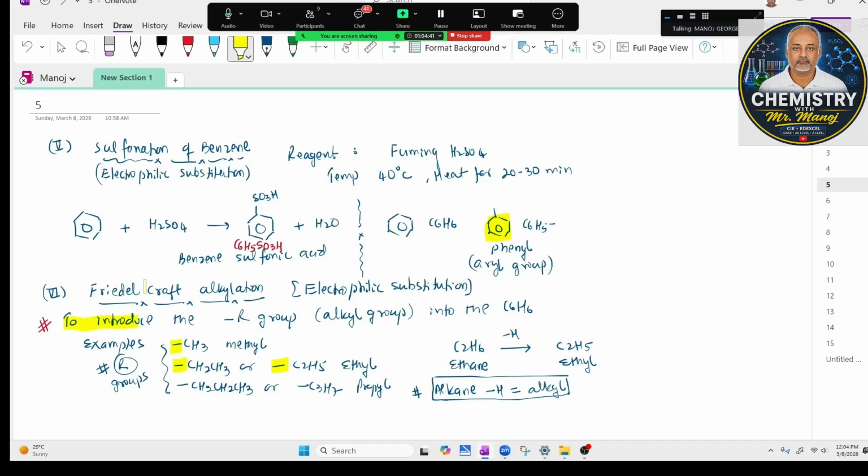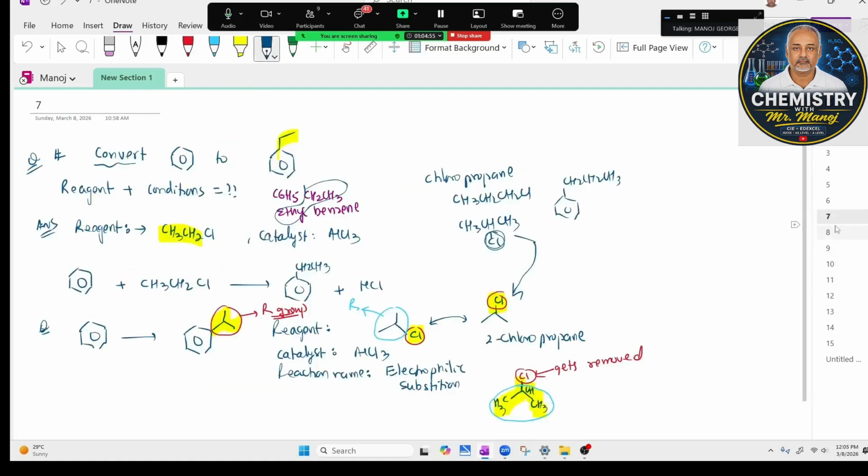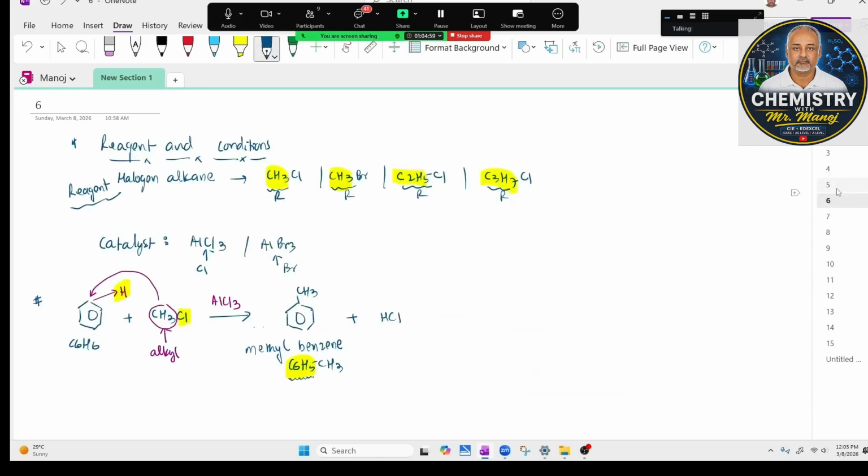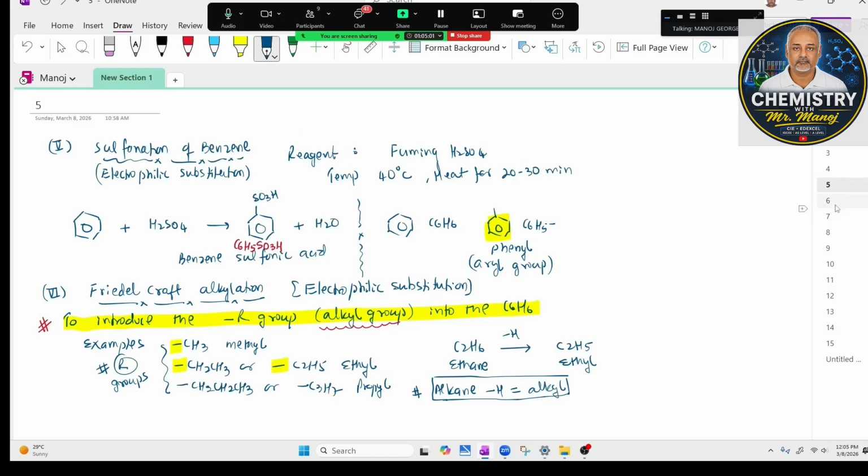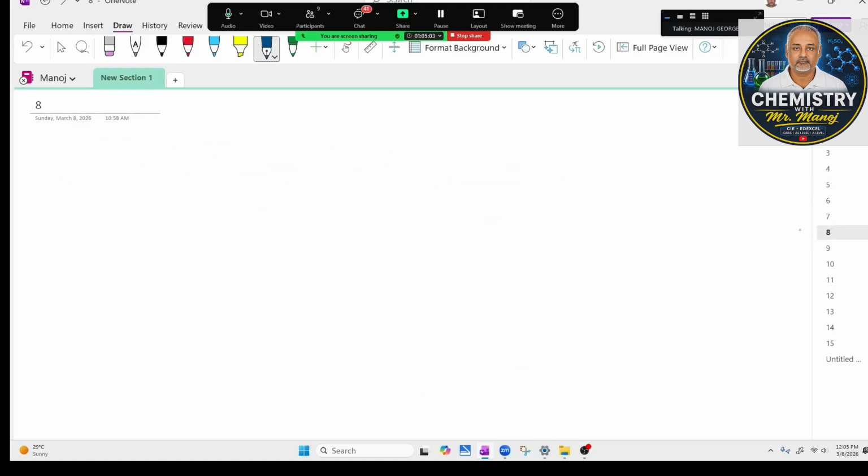Friedel-Crafts alkylation was to introduce the alkyl group. The Friedel-Crafts acylation is to introduce the RCO group. Sorry, it'll just take a few minutes. It won't take that much time and we can take a short break if you want.